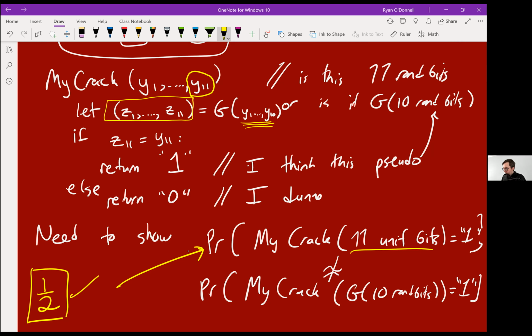Then if the first bit is 1, you have a probability p of matching up, and that happens with probability 1/2, so 1/2 p. If the first bit is 0, you have a probability 1 minus p of the other bit being 0, which happens with probability 1/2. So the p's cancel and you just get probability 1/2.